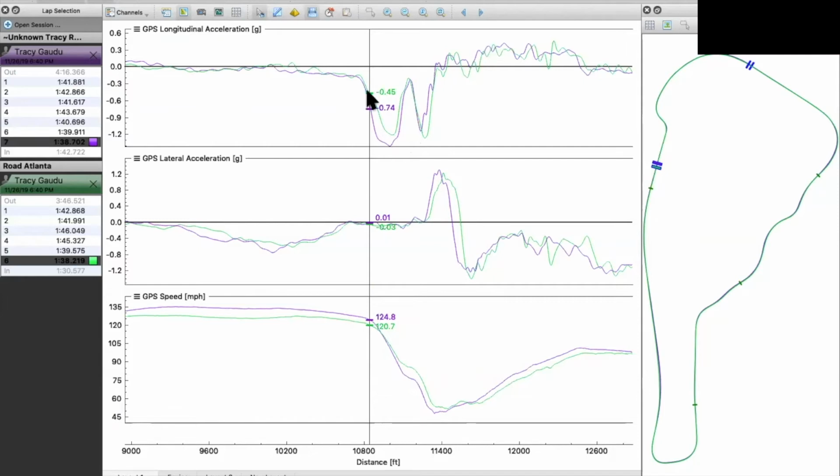I'm going to exaggerate this green lap, which is right here, and I'm going to exaggerate this purple lap, which is right here. So here's the purple slope, and here's the green slope. This is the same thing down here.